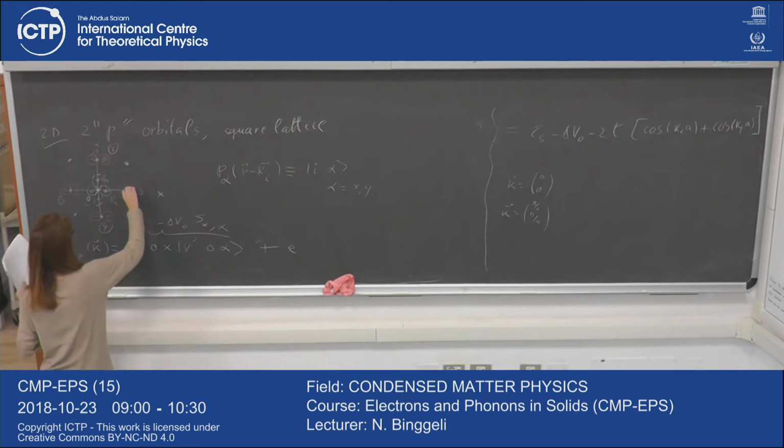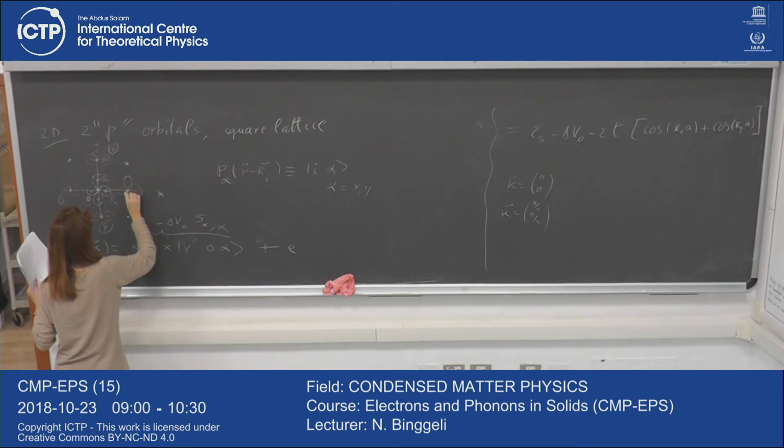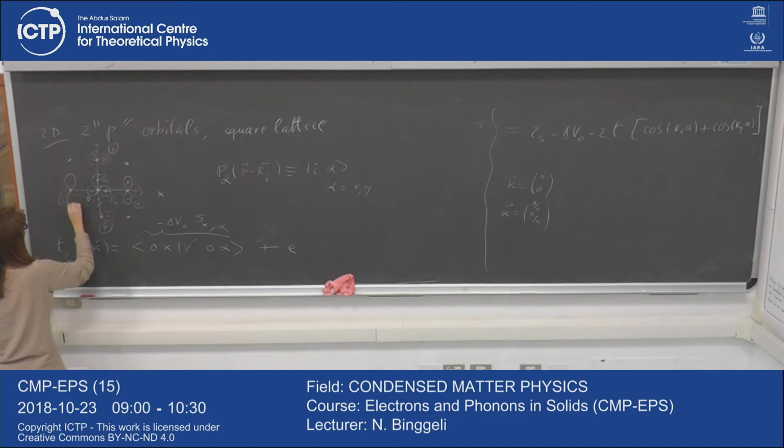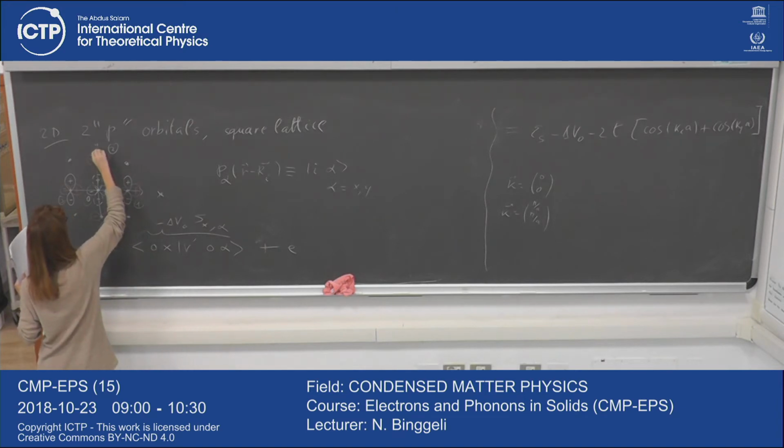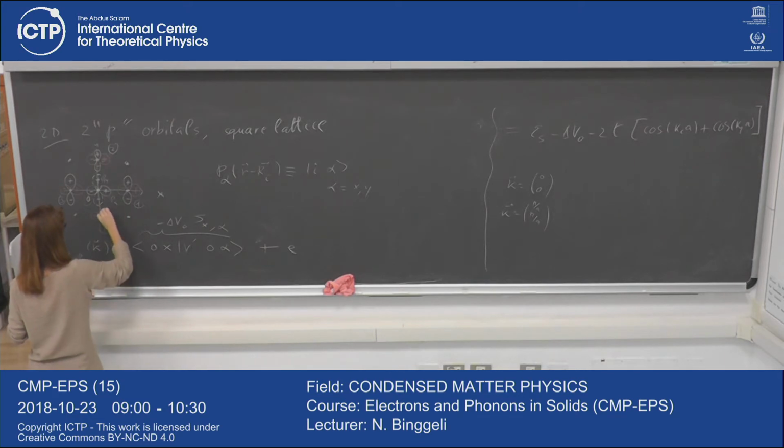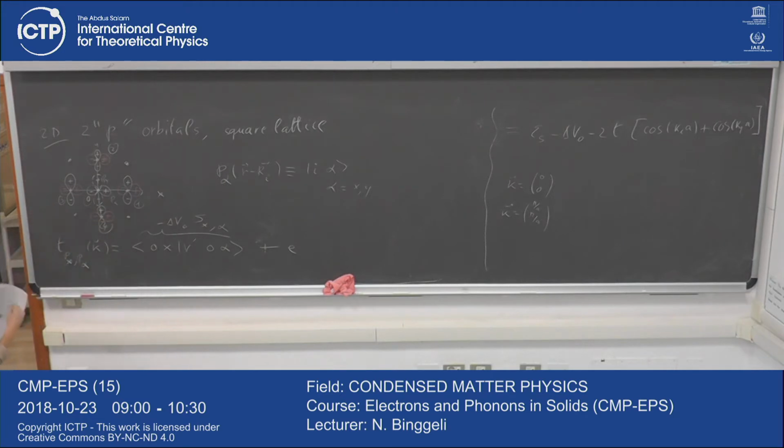So I do the y in green, plus minus, plus minus, plus minus, and plus minus. So these are the px and py orbitals of my neighbors.